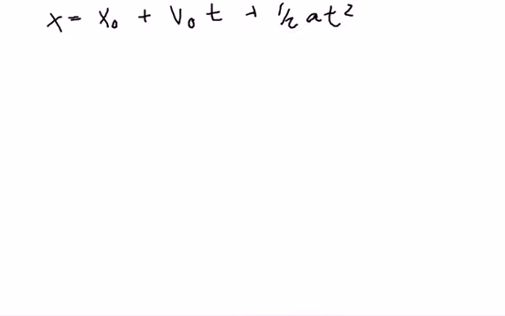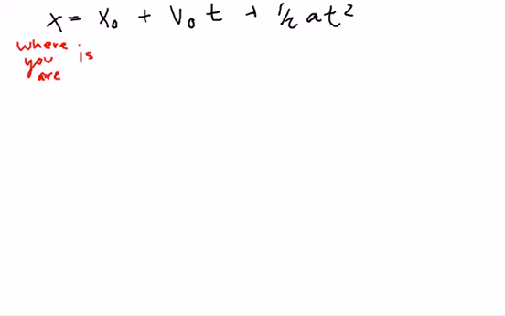Alright, so we're looking here at the first kinematic equation, and all equations are essentially a set sentence written in a slightly different language. So remember, x is just our position. So we can think of this as where you are. And the equals is.